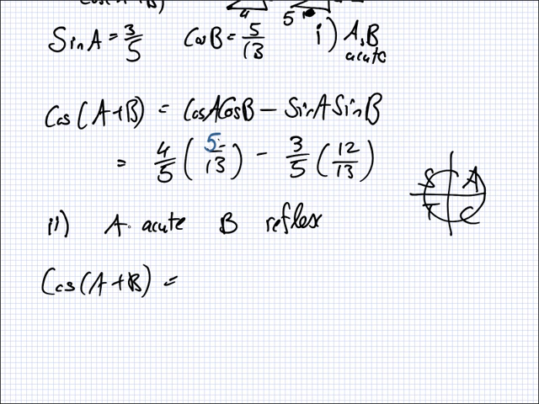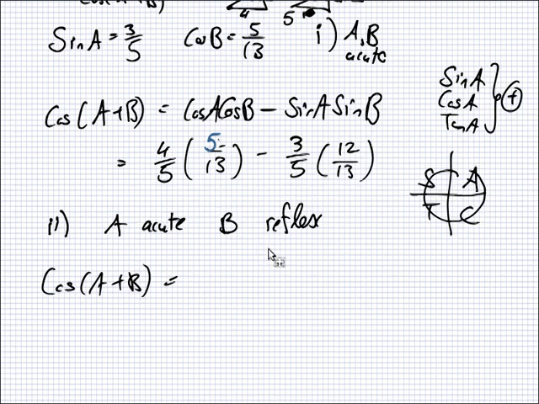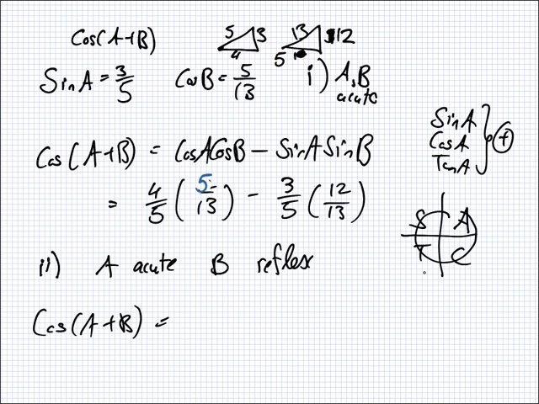Now A is acute, so that means sine A and cos A and tan A are all positive. However, B is reflex. So which quadrant could I be in? Third or fourth, because reflex means more than 180.